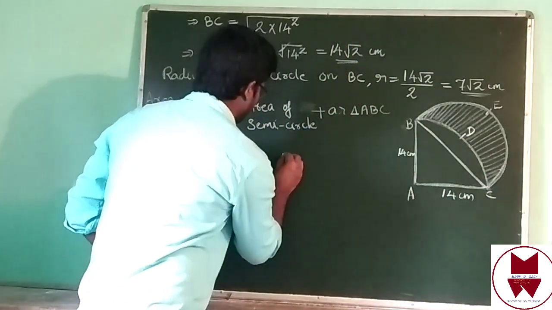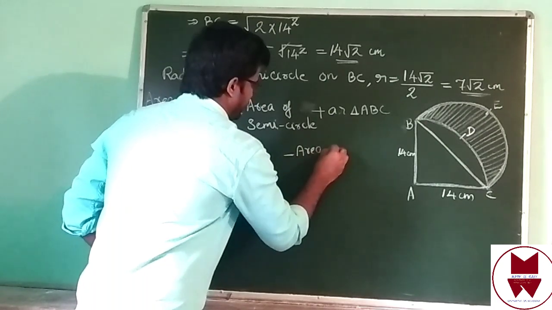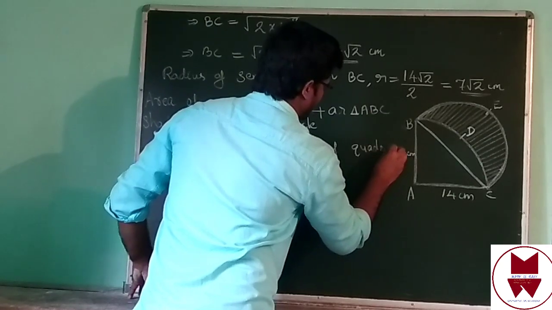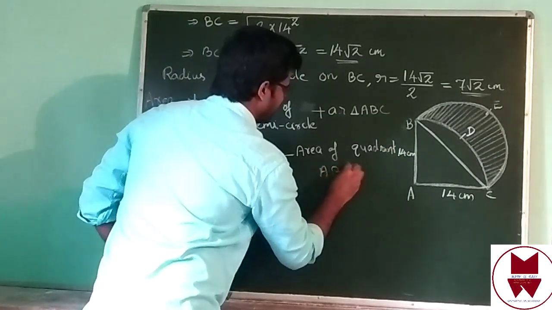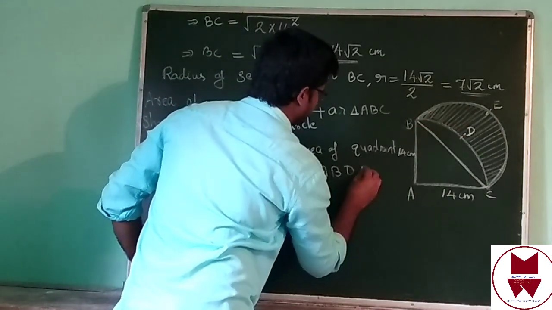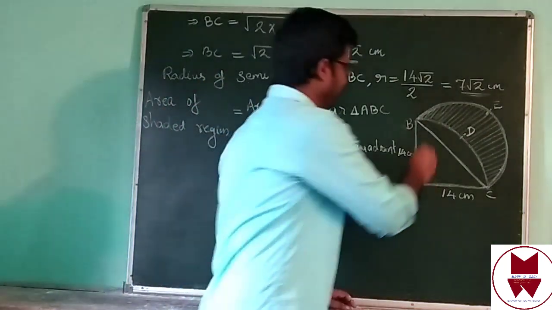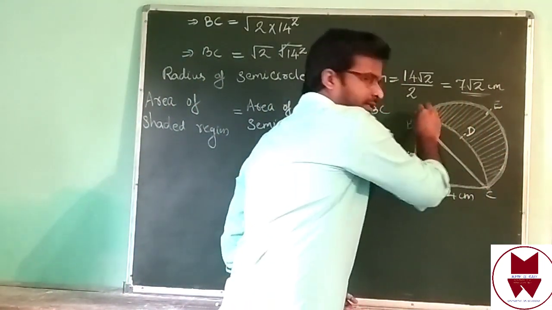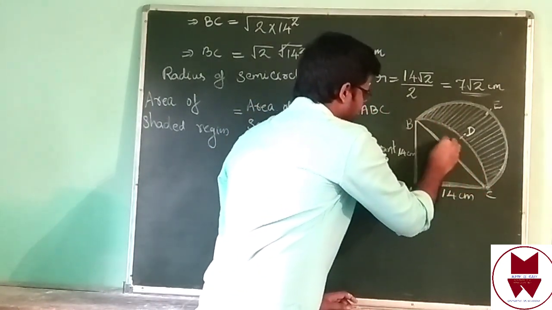That's why we subtract the area of quadrant ABDC. Again listen here. First we consider the area of the semicircle, this part, then plus the area of this triangle.